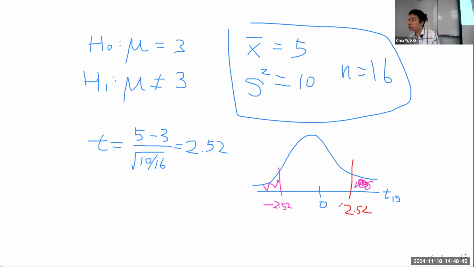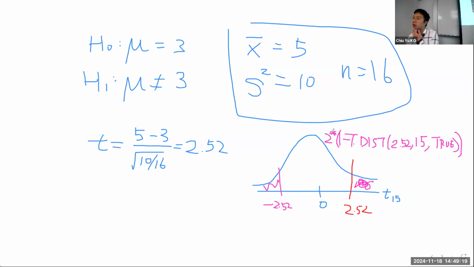How to calculate this area? This area is 1 minus the left area. So the area is the T distribution function at 2.52 with 15 degrees of freedom, true for the cumulative, and then take 1 minus, because I want the right-hand side, and times 2.